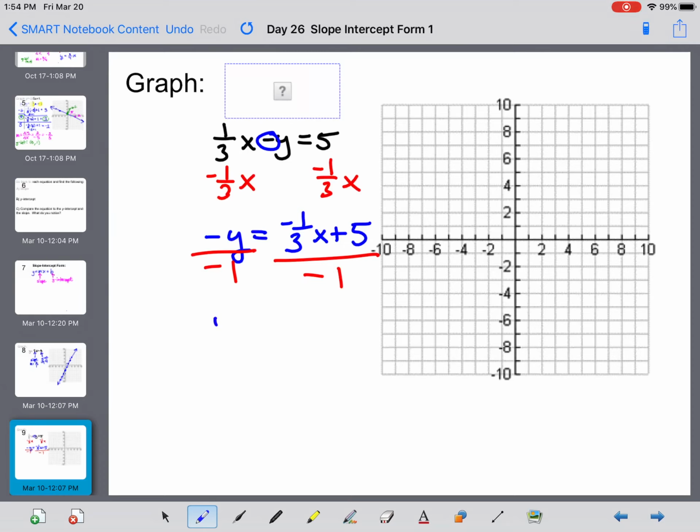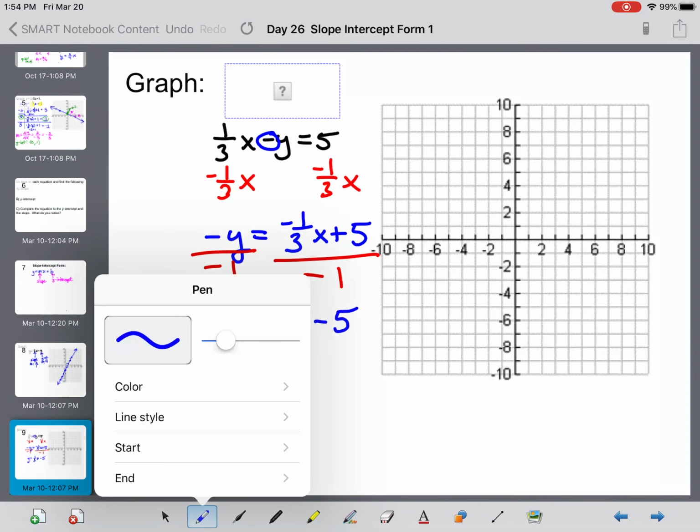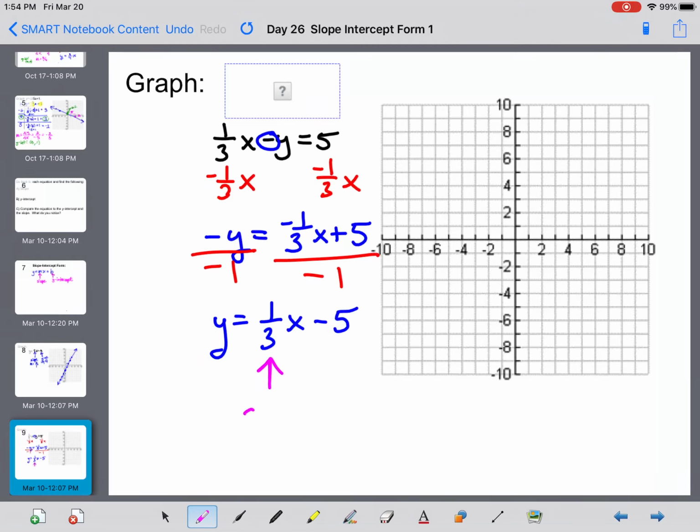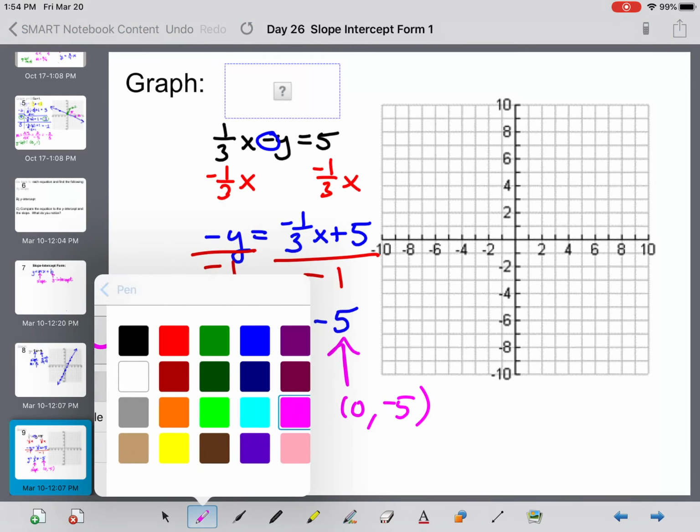Negative y divided by -1 is positive y. Negative 1/3 divided by -1 is positive 1/3 x. And 5 divided by -1 is -5. Now, that definitely took some work, but totally worth it, because now my slope is 1/3 and my y-intercept is at the point 0, -5. So let's get that graphed.